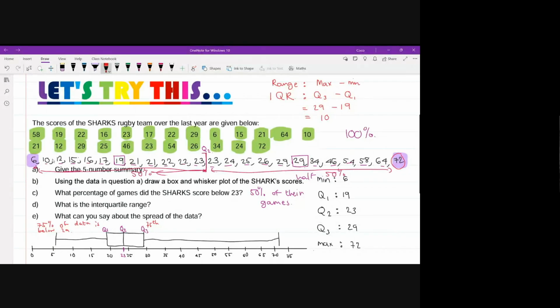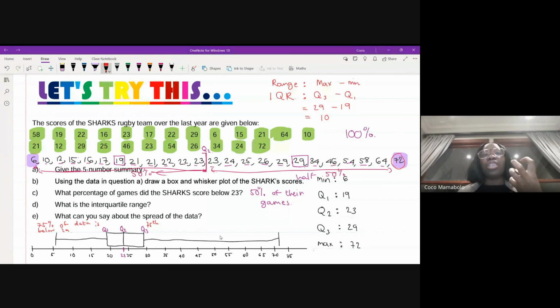Most of the time, they're scoring in the teens or in the low 20s. For them to be scoring things like 34 or 45 or even 50s, it only happens once in a while, which means most of our data is condensed in the lower numbers. So we can say 75% of the data is below 29.